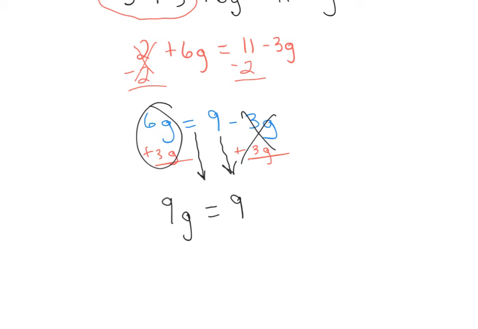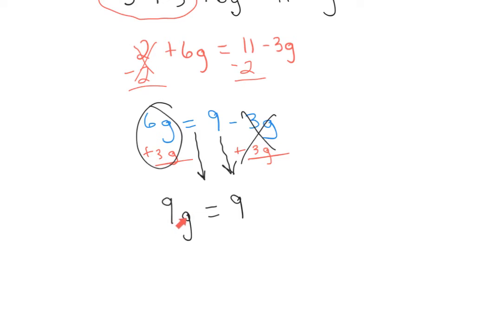Now, here's the tricky part. I've got 9g equals 9. How do I separate the 9 and the g? Well, you ask yourself, what operation is happening between them? Remember up here, since it was positive, we did the opposite of positive, which was to subtract. Right here, it was negative or minus. The opposite of that was to add.